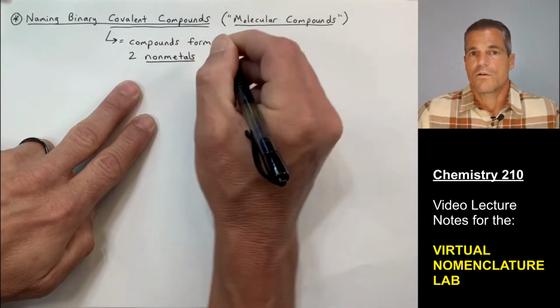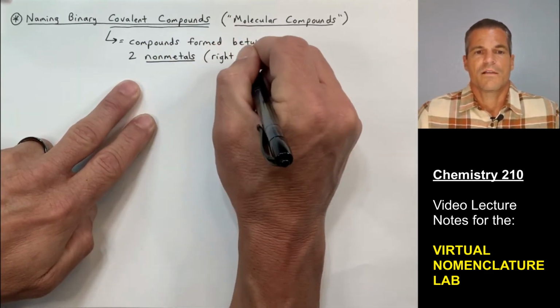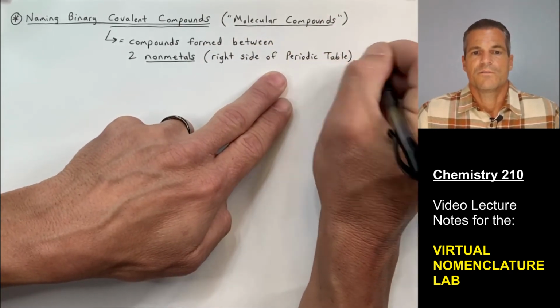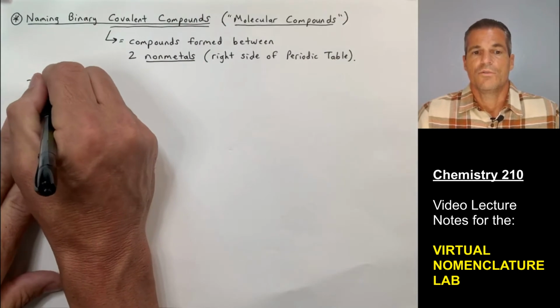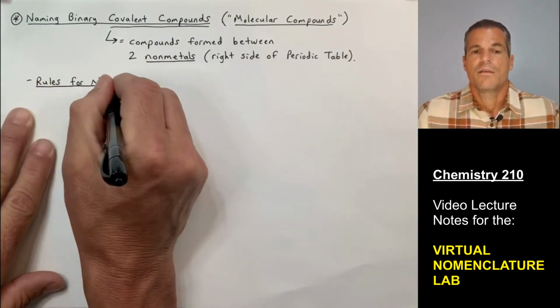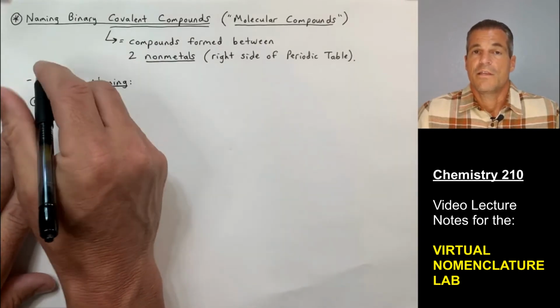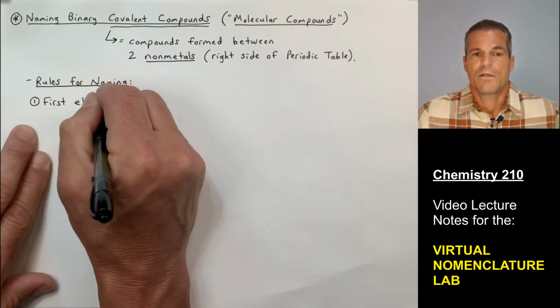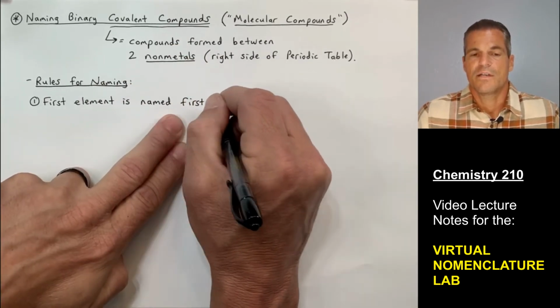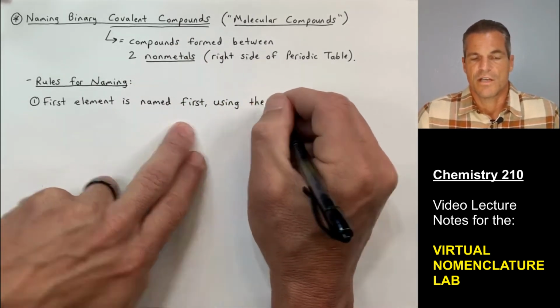So, what are covalent compounds? Covalent compounds, or molecular compounds, are compounds formed between two nonmetals. The nonmetals are the elements located in the upper right of the periodic table, to the right of the metalloid staircase, and then also hydrogen's a nonmetal.